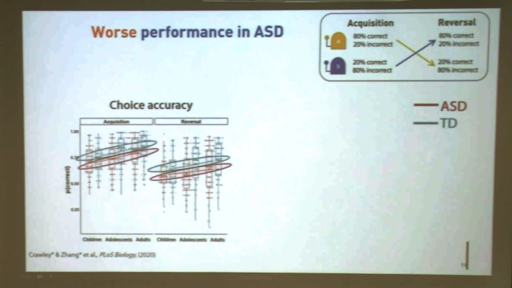So the blue one is better than the red one, as you can clearly see. Essentially, this tells us that overall healthy participants are performing better than the ASD. That means they also detect the change better, because especially after the reversal, the healthy individuals found out the change earlier, so that they were able to choose the blue one more often relative to the ASD individuals.